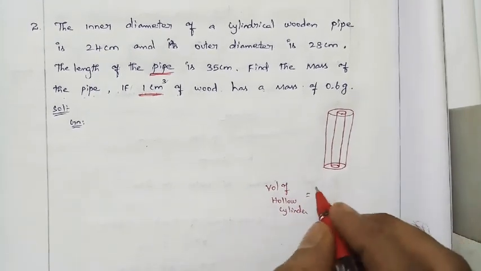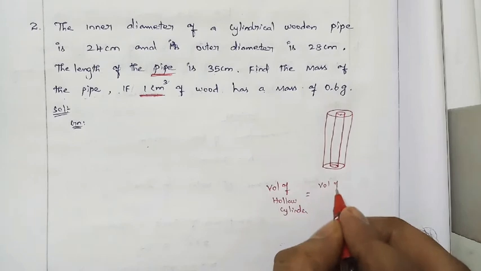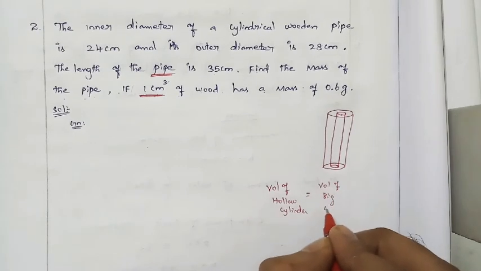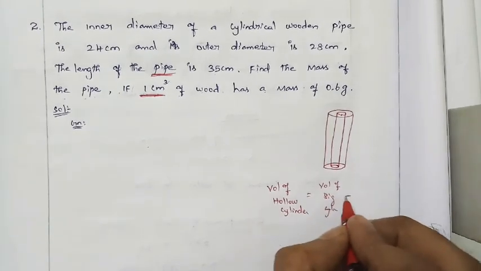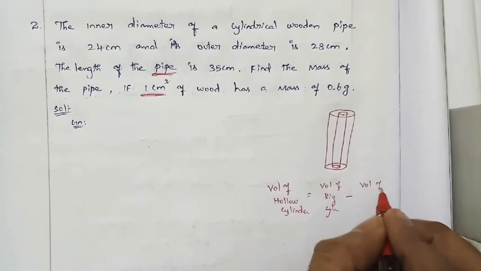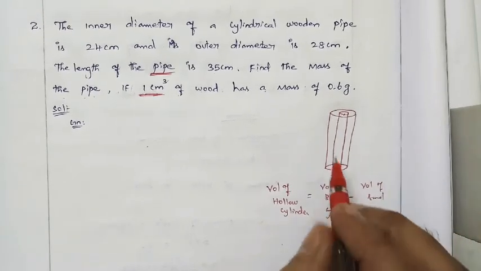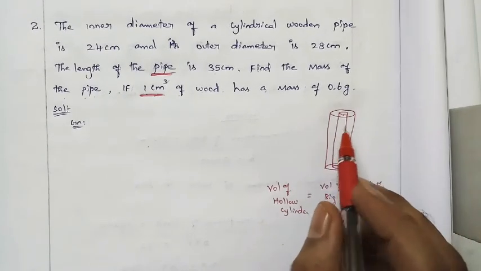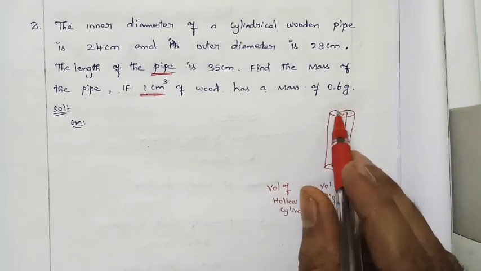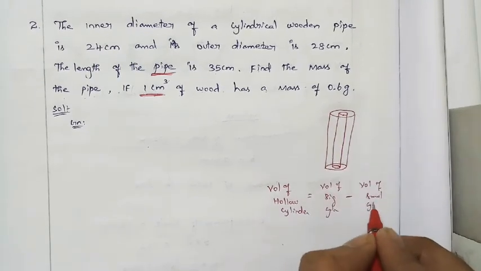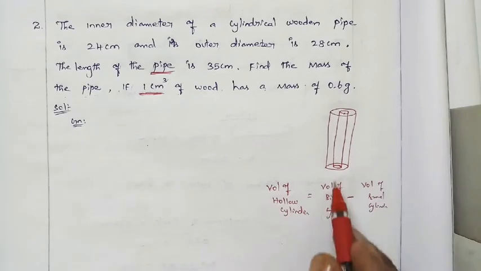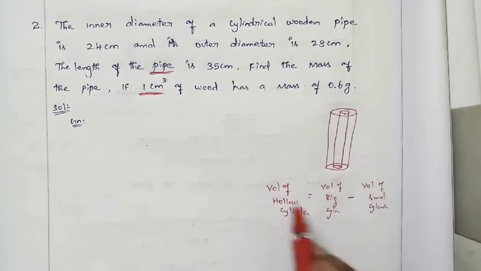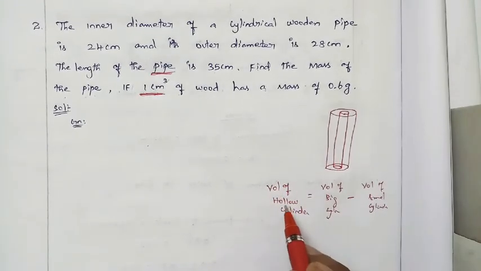That is the volume of the hollow cylinder. Why are we subtracting? Because we are removing a small cylinder from the big cylinder. That's why we subtract the volume of the small cylinder. So volume of big cylinder minus volume of small cylinder is nothing but volume of hollow cylinder.